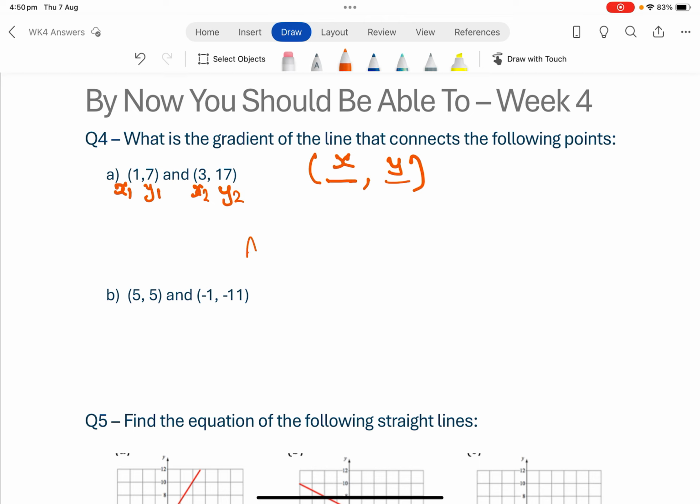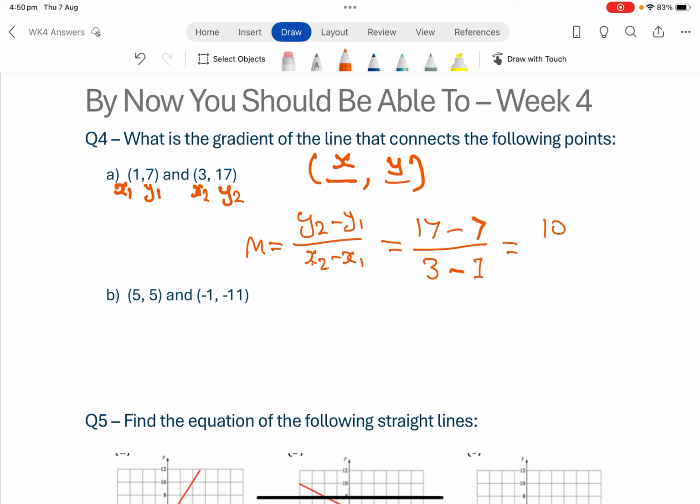And if you remember the formula for this one, we do y2 minus y1 over x2 minus x1. And then I'm going to replace each of these symbols, so y2 and y1, with the numbers above them. So the number above y2 is 17. The number above y1 is 7. The number above x2 is 3. And the number above x1 is 1.